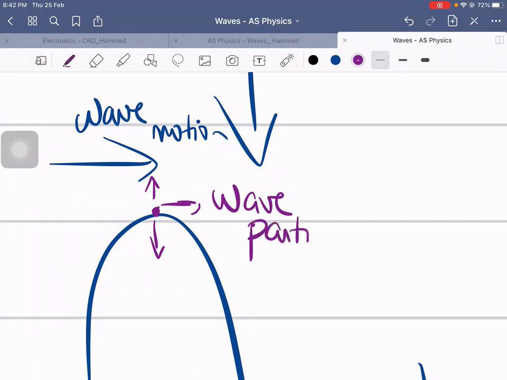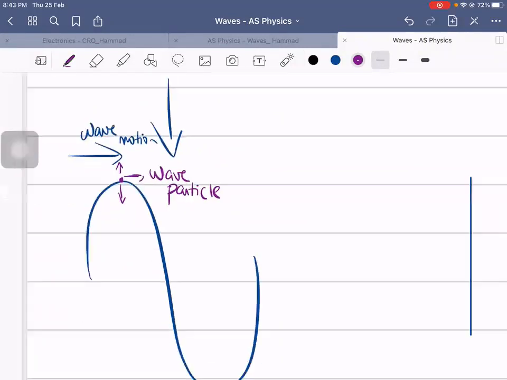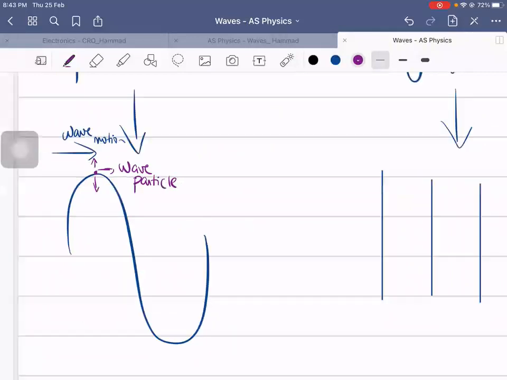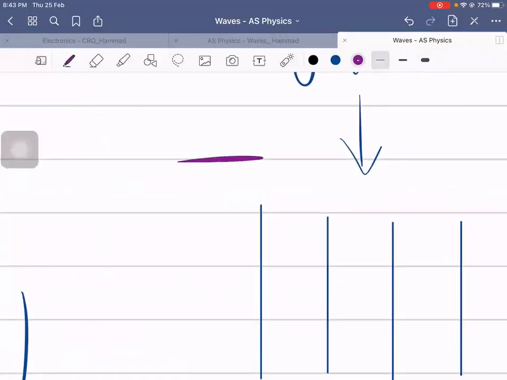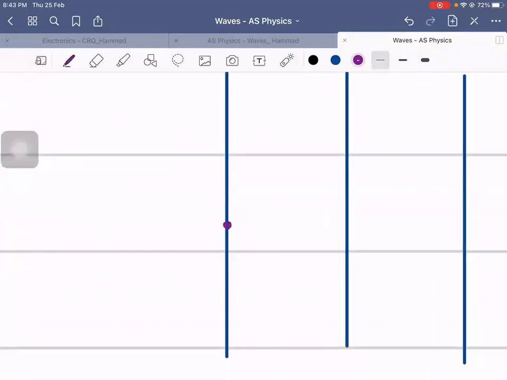Meaning the vibration of the wave particle and the wave motion would be perpendicular to one another for a transverse wave. Whereas for a longitudinal wave, the wave motion and the particle vibration would be parallel to one another.